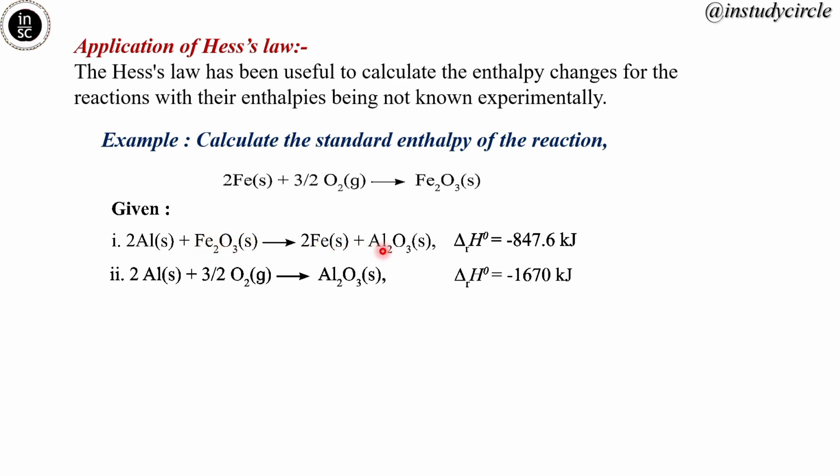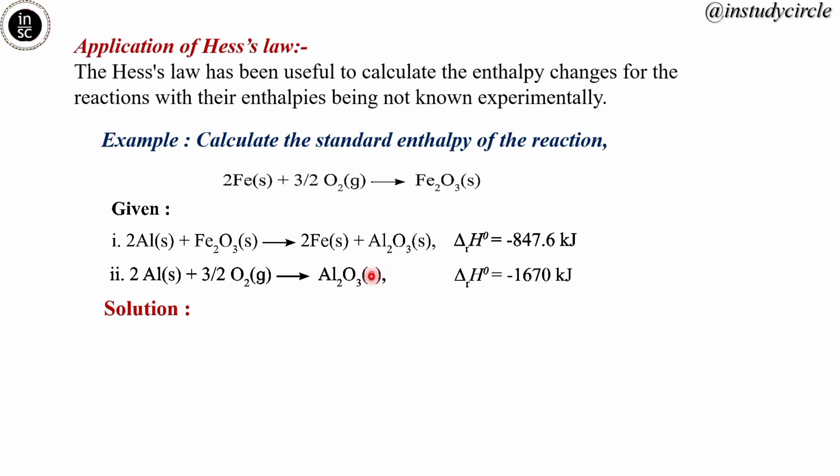If equation 1 is reversed, the standard enthalpy of the reaction, minus 847.6, changes its sign to plus 847.6 kilojoules. Also, note that in the desired equation there is no aluminium or Al2O3. When equation 1 and equation 2 are added, the aluminium and the Al2O3 in both reactions cancel together.